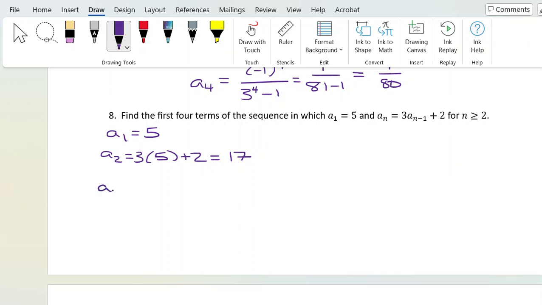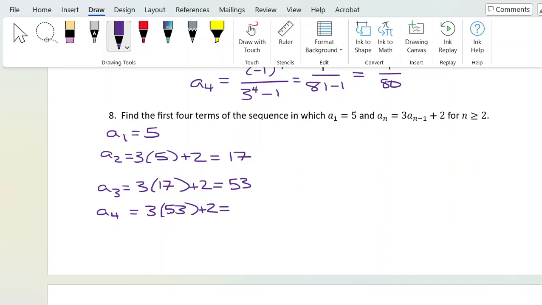So now for my third term, I'm going to do 3 times my previous term, which is 17, plus 2. 3 times 17 is 51, plus 2 is 53. And then for my fourth term, 3 times 53 plus 2.